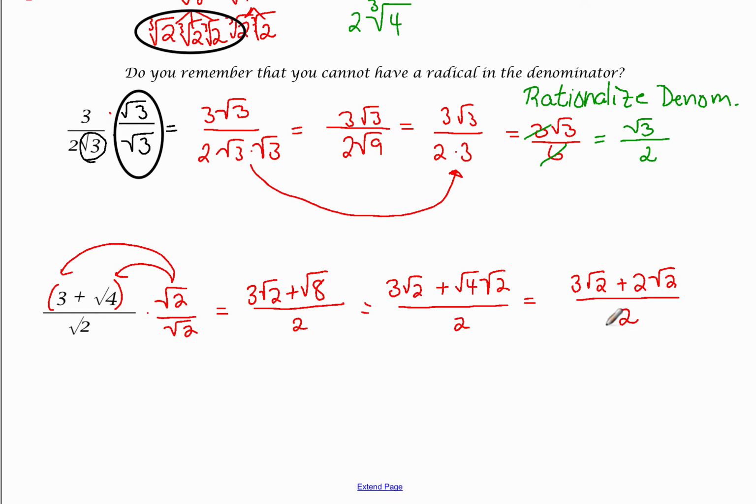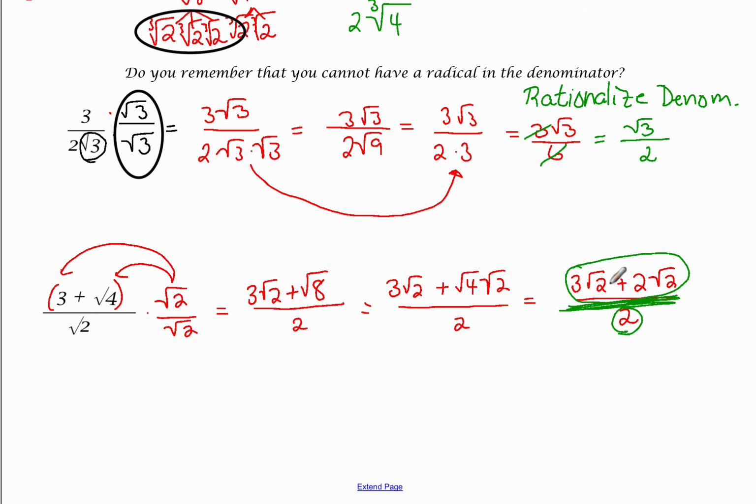Now here, and again, this is stuff we went over in 8th grade, here's where it gets a little dicey. Some kids want to reduce the 2 and the 2. That's wrong. This is saying everybody here is being divided by 2.